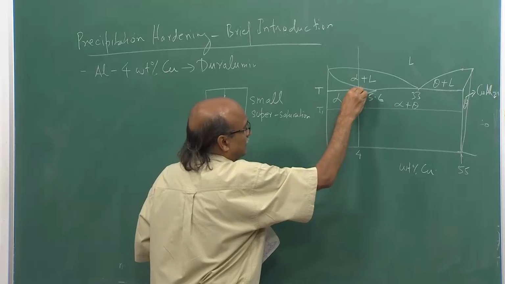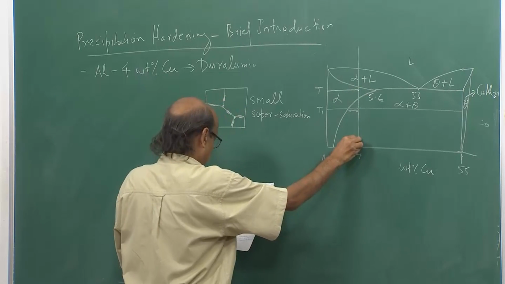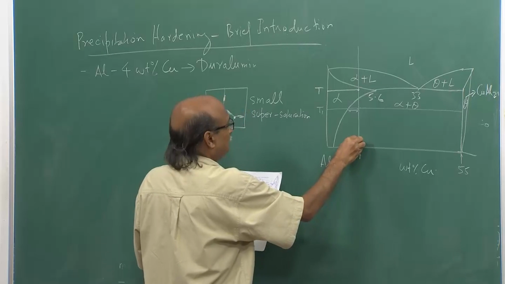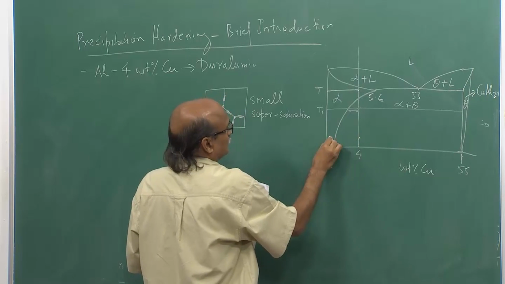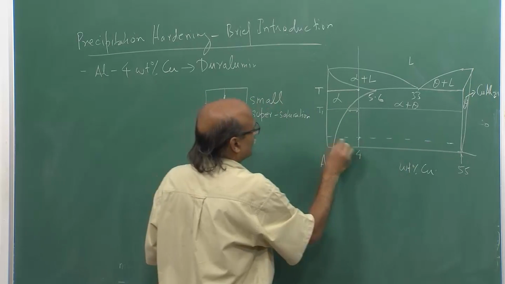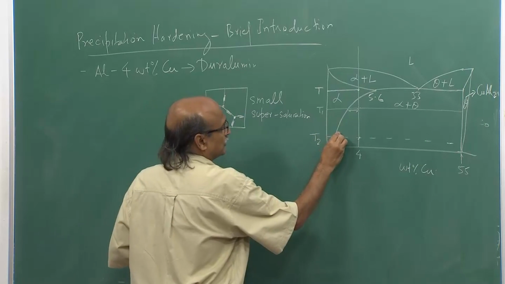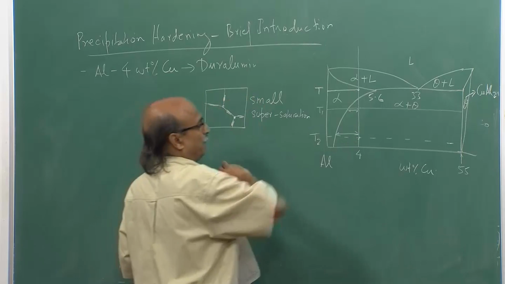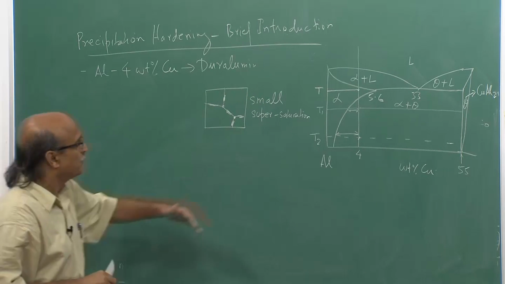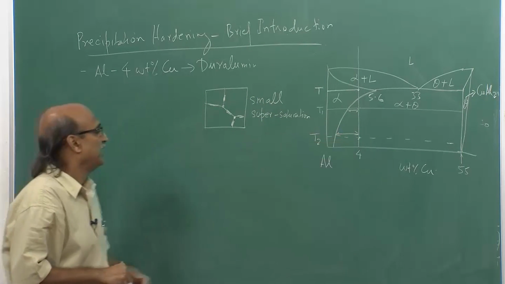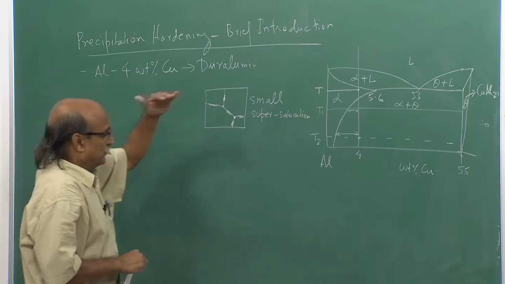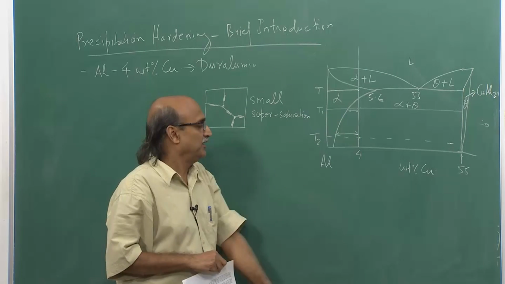However, if I go down to a much lower temperature, say T2, the supersaturation is much larger, but the temperature is also very low.